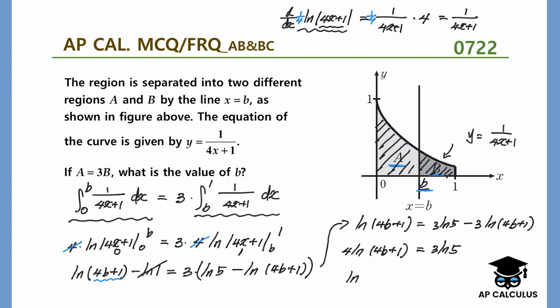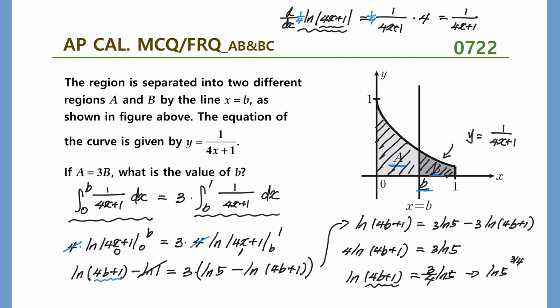So natural log of 4b plus 1 is equal to 3 over 4 natural log 5, right? Or we can write that as natural log of 5 to the power of 3 over 4, right?